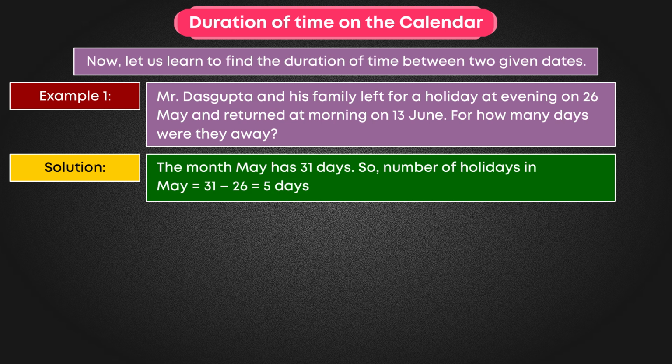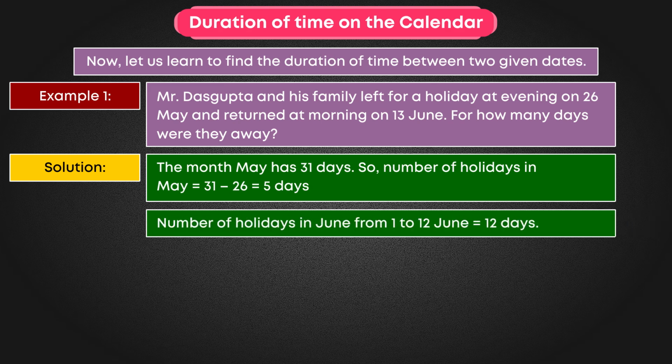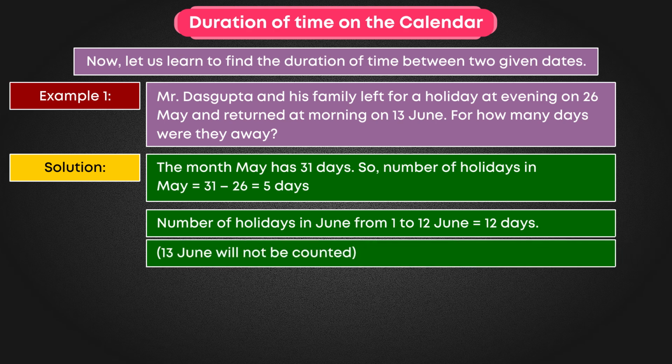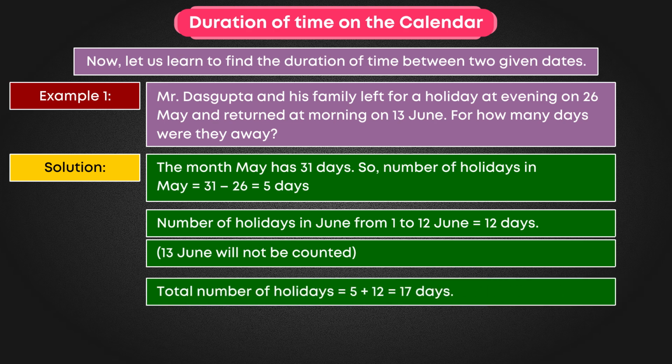So, number of holidays in May is equal to 31 minus 26 is equal to 5 days. Number of holidays in June from 1 to 12th June is equal to 12 days. 13th June will not be counted. Total number of holidays is equal to 5 plus 12 is equal to 17 days.